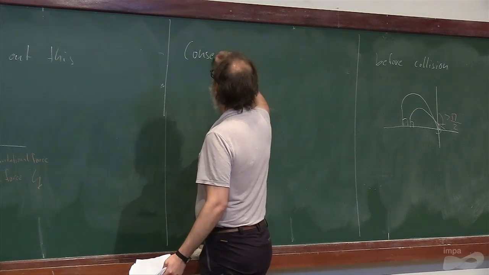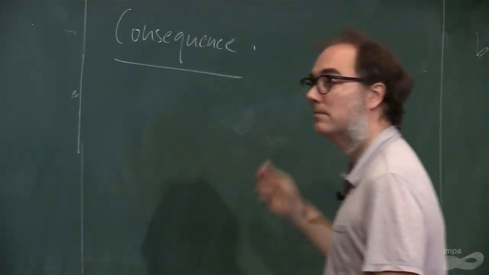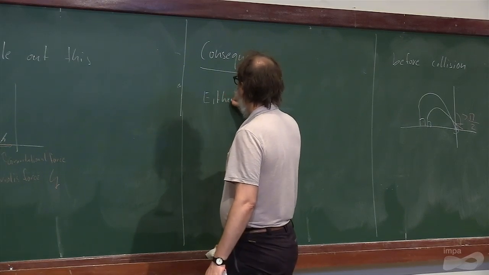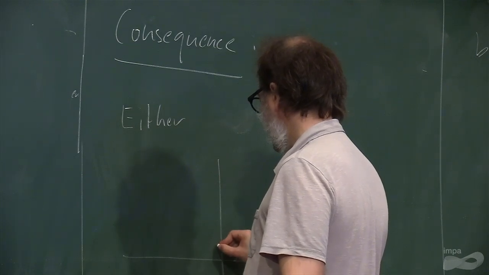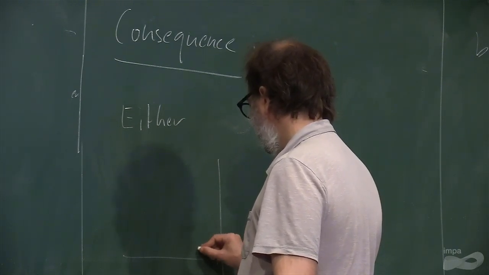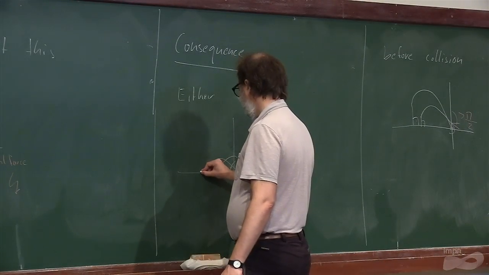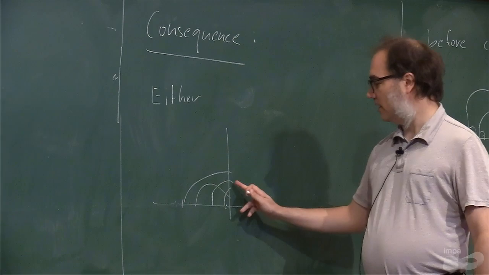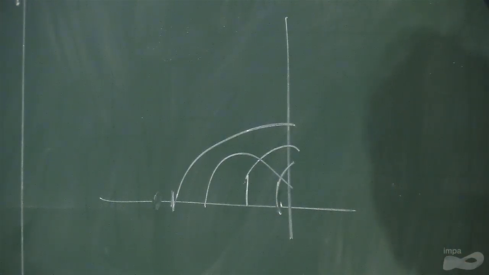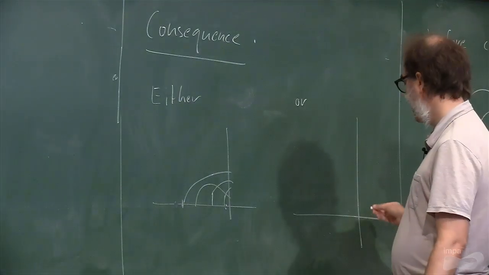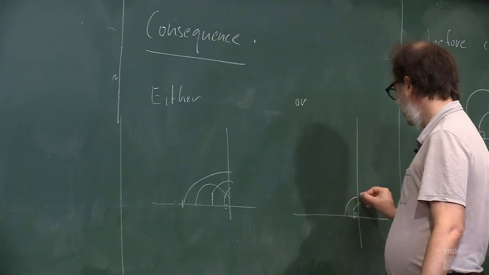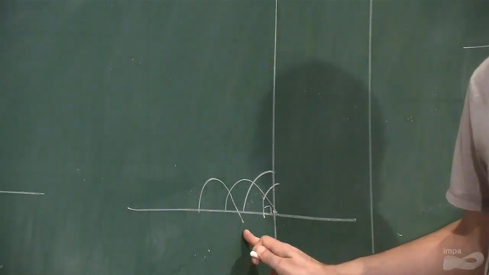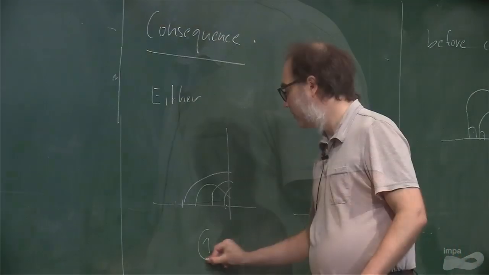So, consequence: either we have, until we are at the end of our Hills region, we always will hit the y-axis, or in this scenario, we go like this, then somewhere we will have this consecutive collision, and then we can go through the x-axis, 1 or 2.